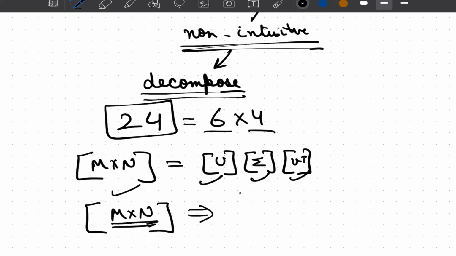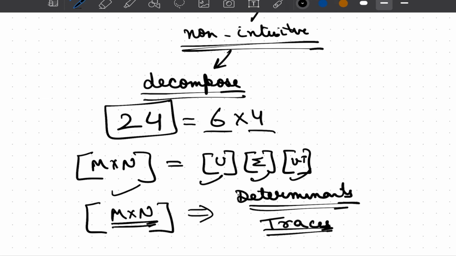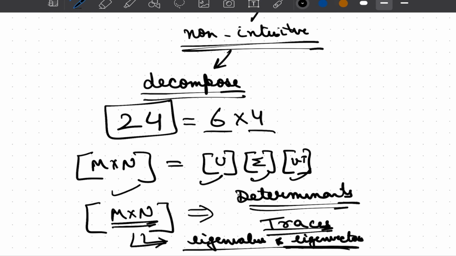So we will try to learn about determinants and traces, and then there is something very characteristic of each and every matrix, what we call eigenvalues and corresponding eigenvectors. These concepts are defined solely for square matrices, but we will look into how eigenvalues and eigenvectors help us characterize a matrix using some real numbers.